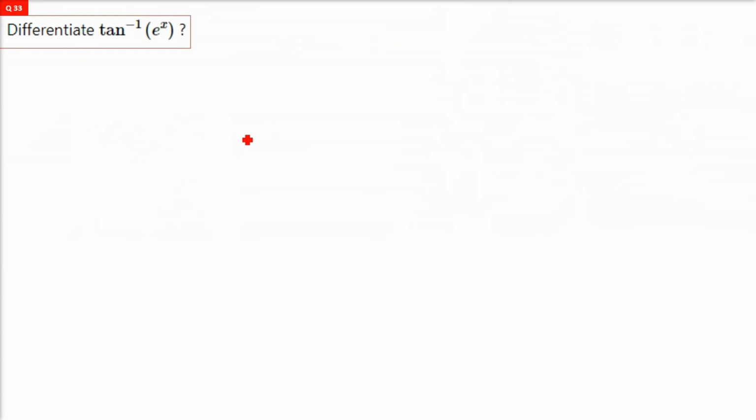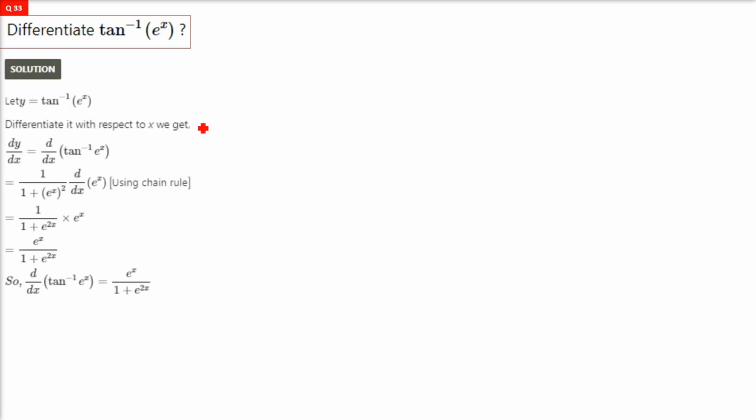Differentiate tan inverse e to the power x. So here this is a very simple solution, but the only thing is that tan inverse, sine inverse, cos inverse, what is the differentiation of these trigonometric functions?